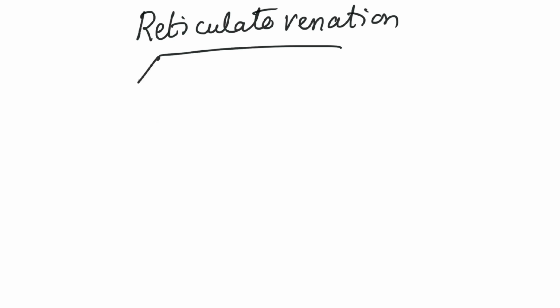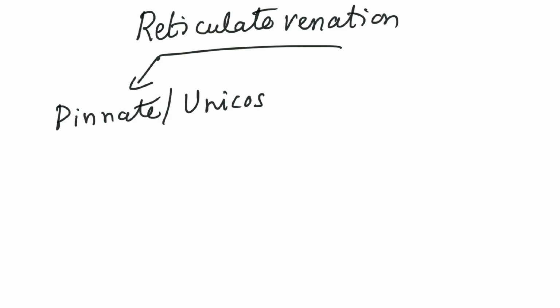Now reticulate venation itself is divided into two types, and we'll be looking at the particulars of each type. The subdivisions are pinnate or unicostate, and the second subdivision is palmate or multicostate.